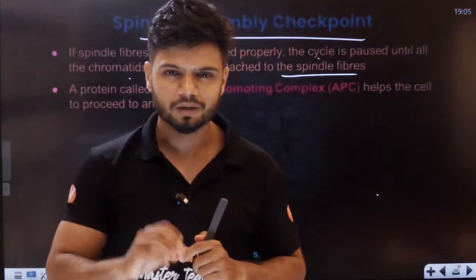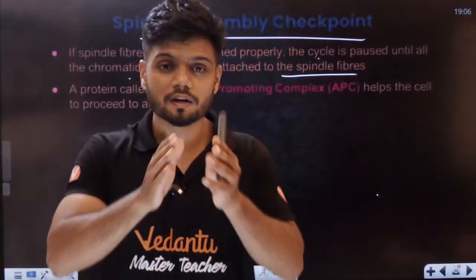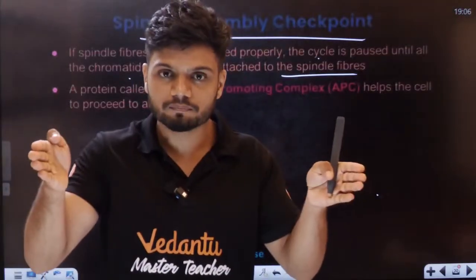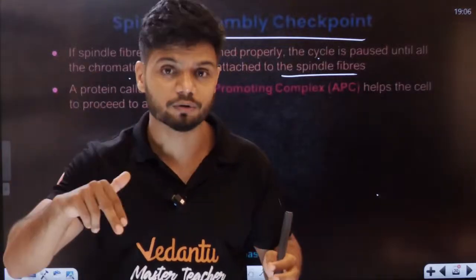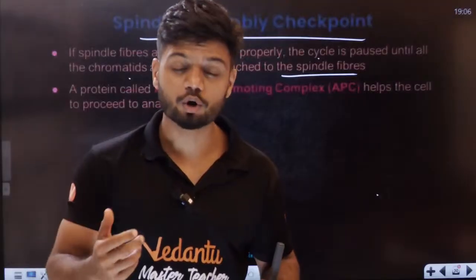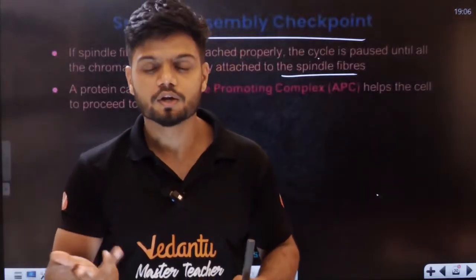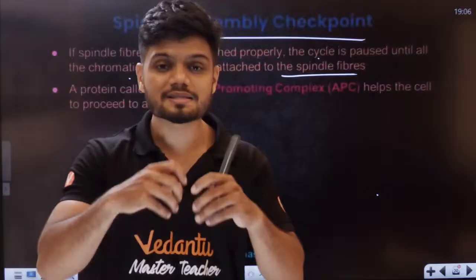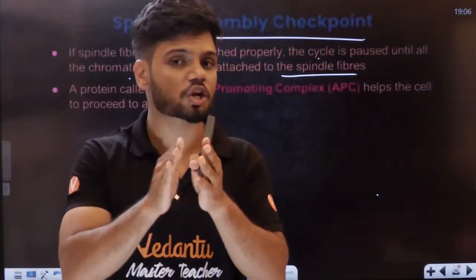Students, try to imagine a condition where a cell is dividing into two halves, but the chromosome number goes up and down. That can cause mutation, yes or no? That can cause a lot of changes in the body. So when a cell is dividing, it always makes sure there is a checkpoint.